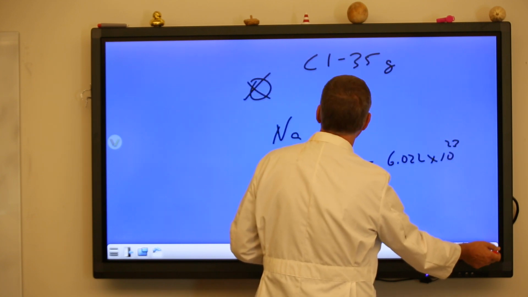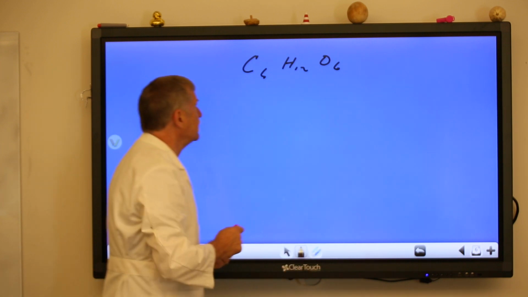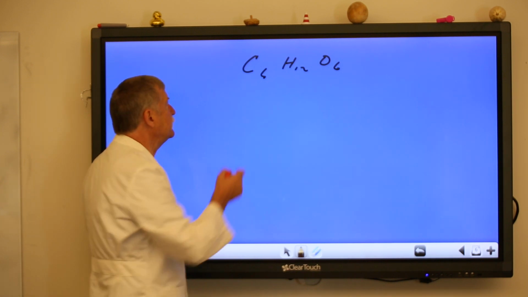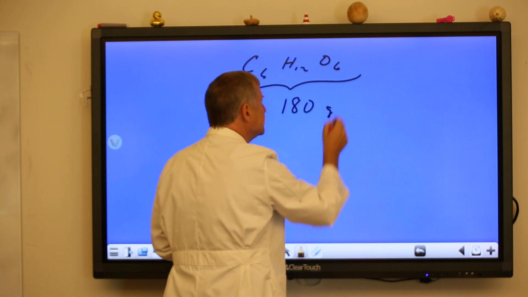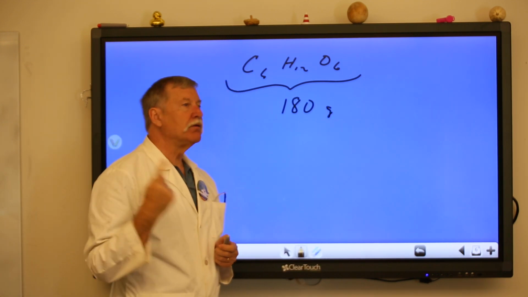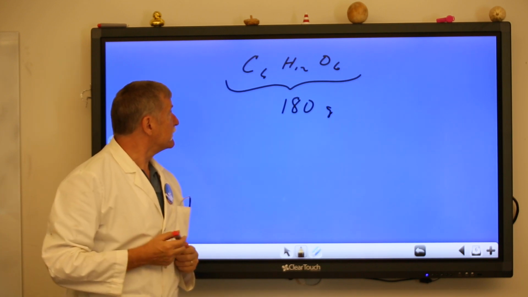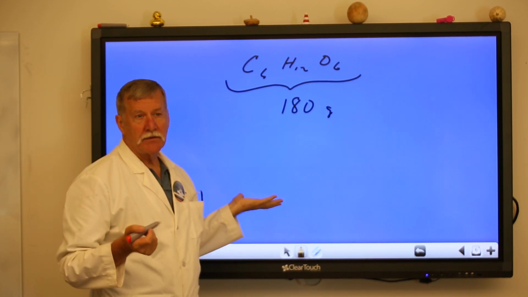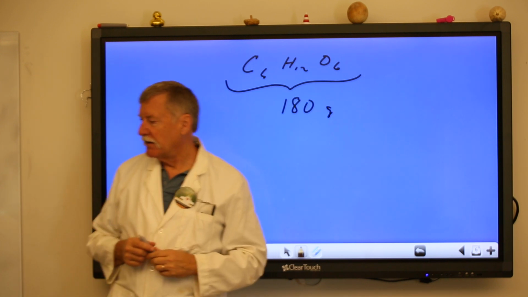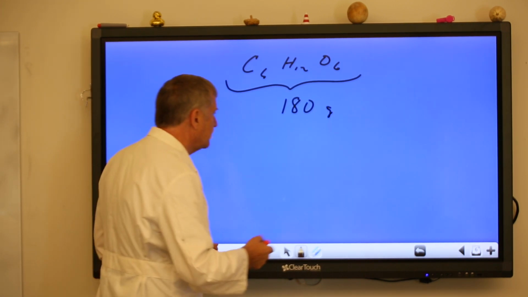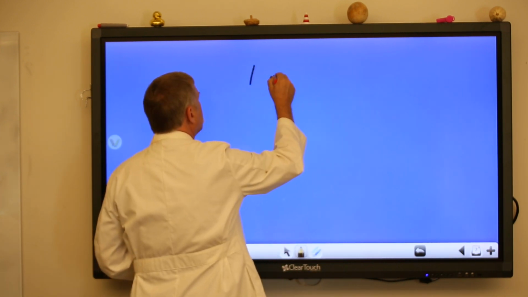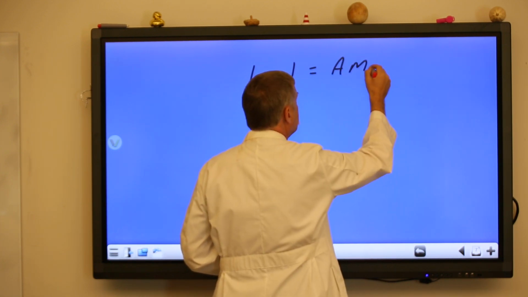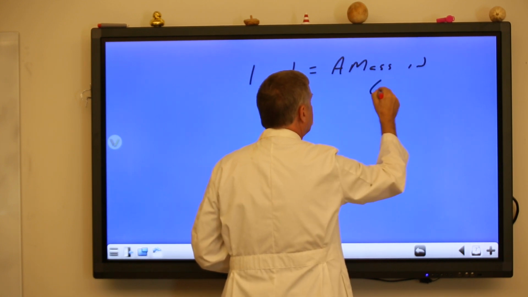So if I want to have a mole of sugar, all I have to do is measure out 180 grams of this stuff, and that gives me 1 mole of it. And remember, 1 mole is equal to the atomic mass in grams.